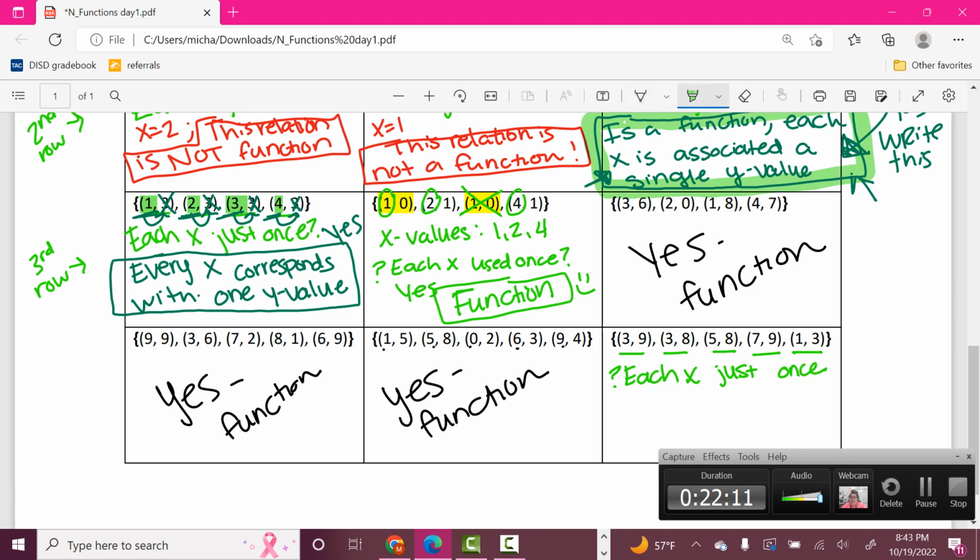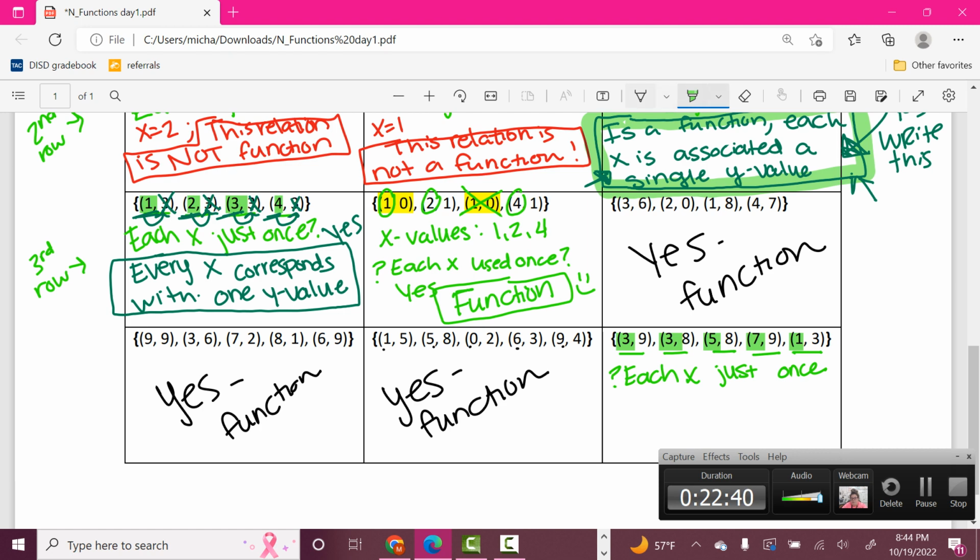So now I'm looking at what the x values are. That's the first number in the ordered pair, 3. The x value in (3, 8) is the first number, 3. The x value in the third ordered pair, (5, 8), is 5. The x value in the ordered pair (7, 9) is 7. And the x value in the ordered pair (1, 3) is 1.